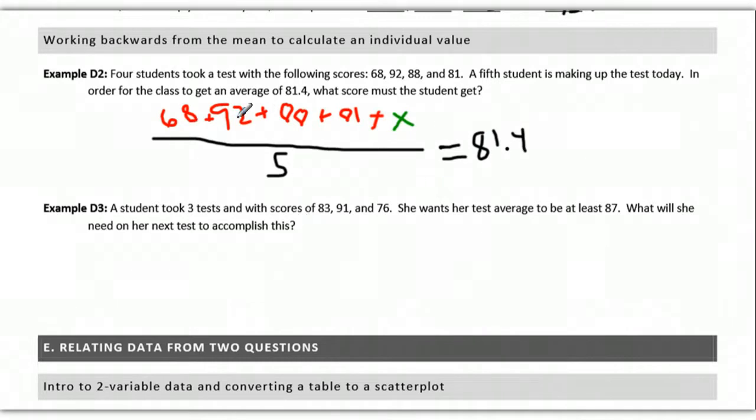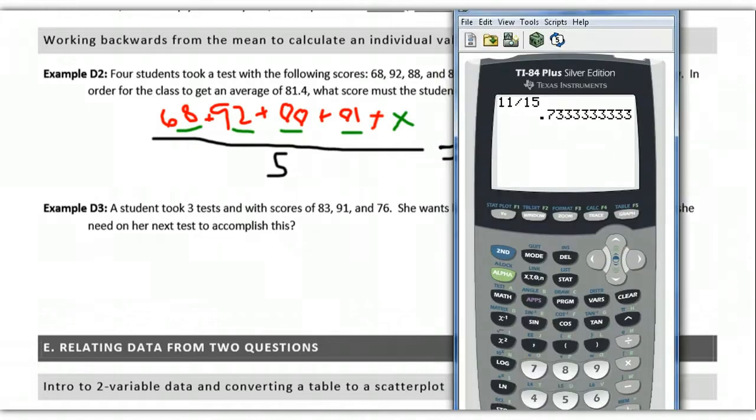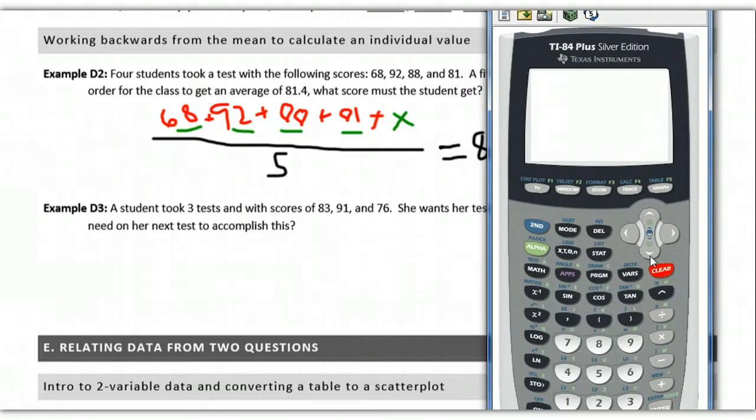So when we have something like this, we just need to simplify it and solve it. Since these 4 numbers here are being added together on top, we can go ahead and add those in our calculator. So let's type it in. We have 68 plus 92 plus 88 plus 81.